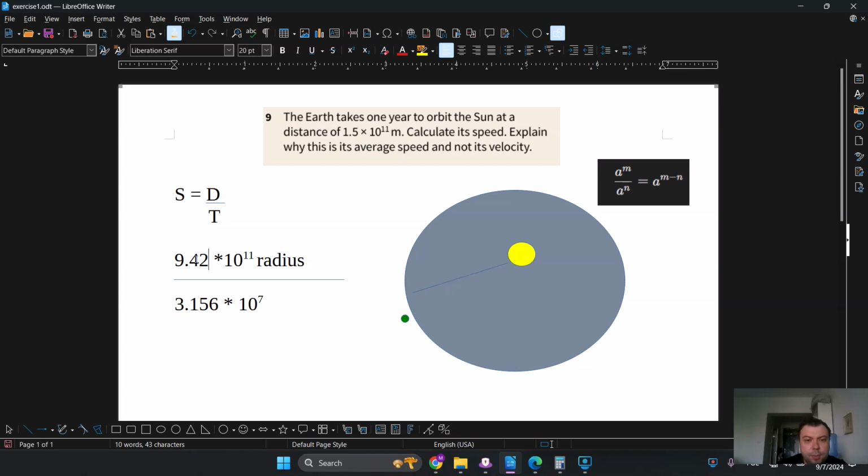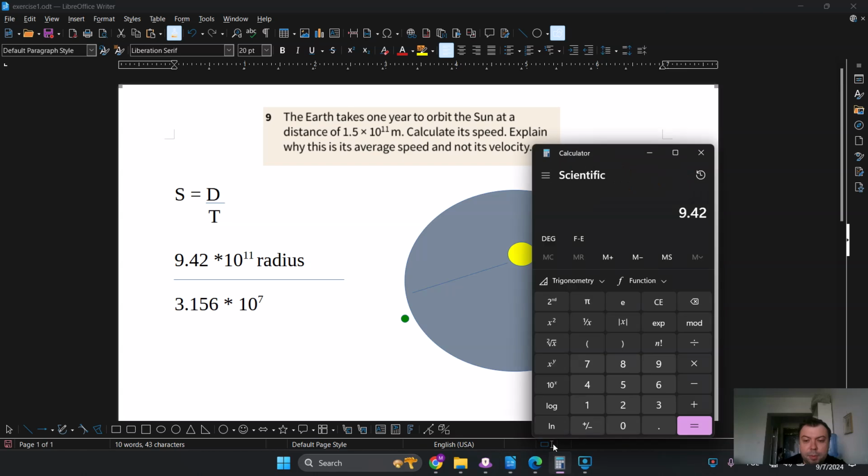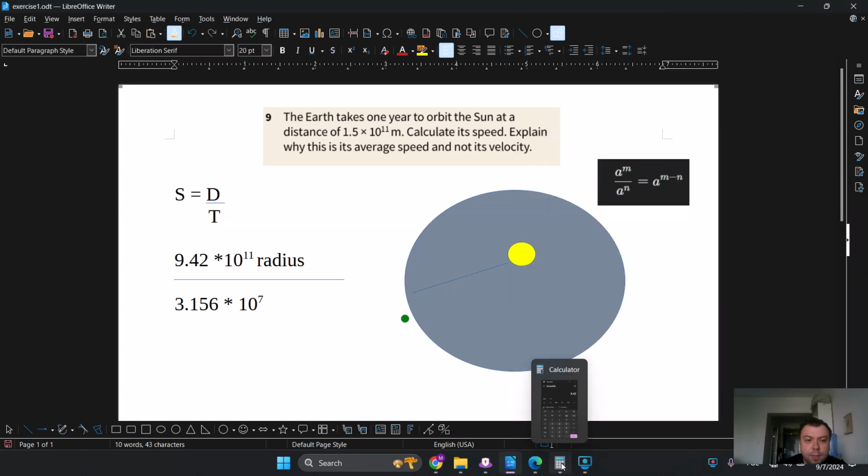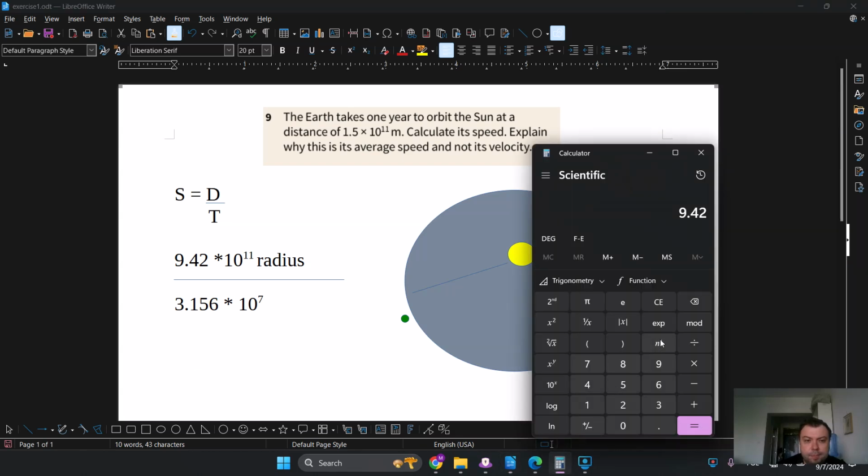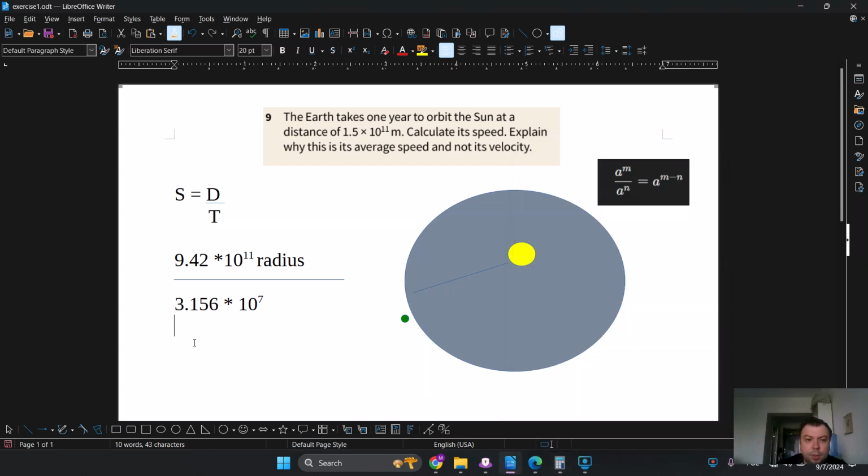Okay, so we can divide the numbers by number: 9.42 divided by 3.156, and divide this 10 to the power of 11 by 10 to the power of 7. So what is 9.42 divided by 3.156? It equals 2.98.